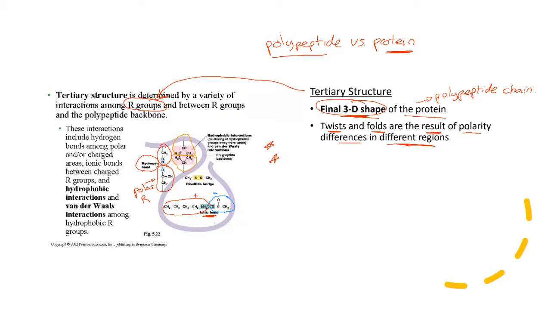Okay? And then remember I told you in the very beginning, in the introduction to proteins, that sometimes you get to see sulfur. So sulfur, we do this in a different color. Sulfur is sometimes part of the R groups, and it can do something called a disulfide bridge.